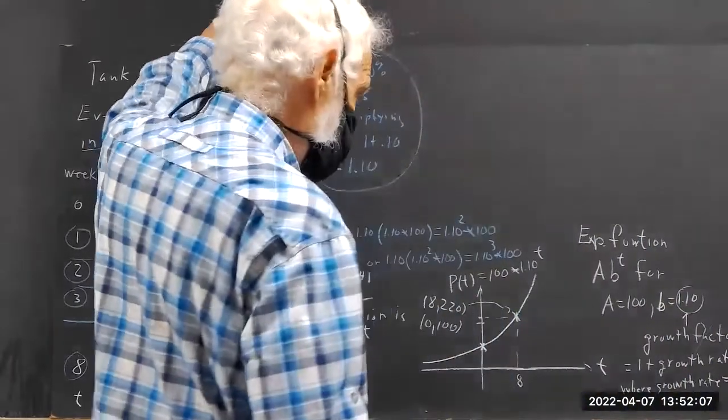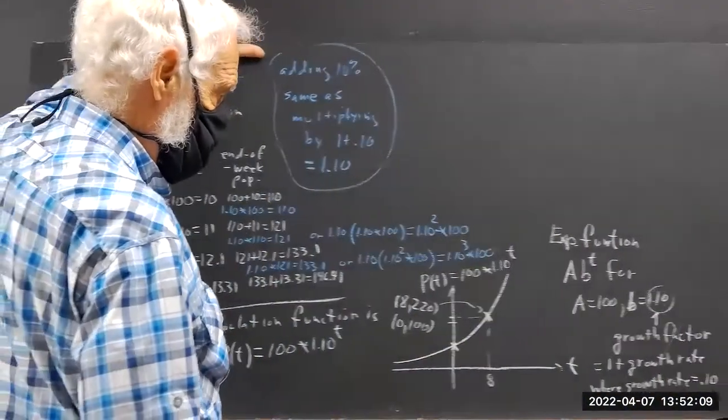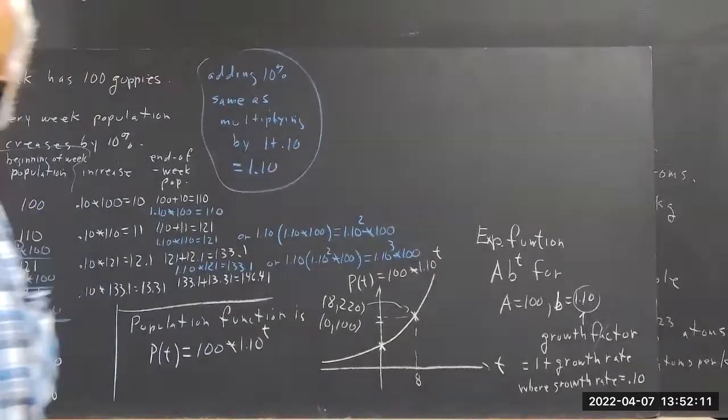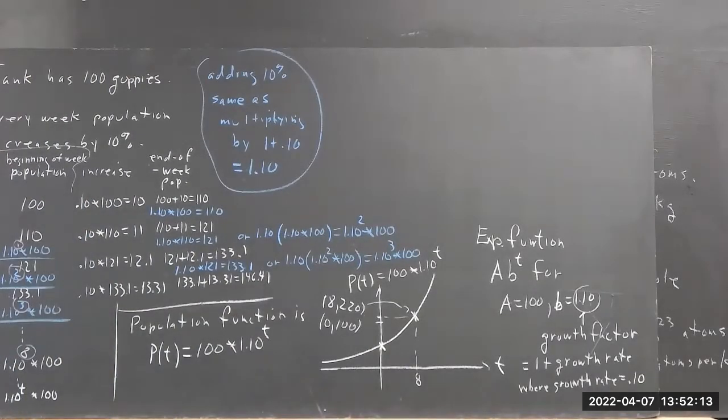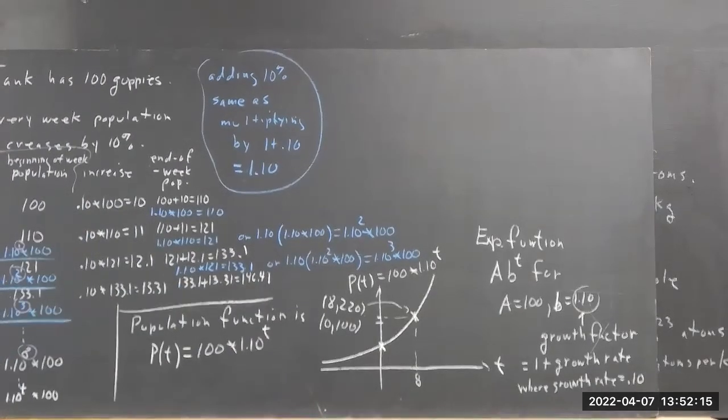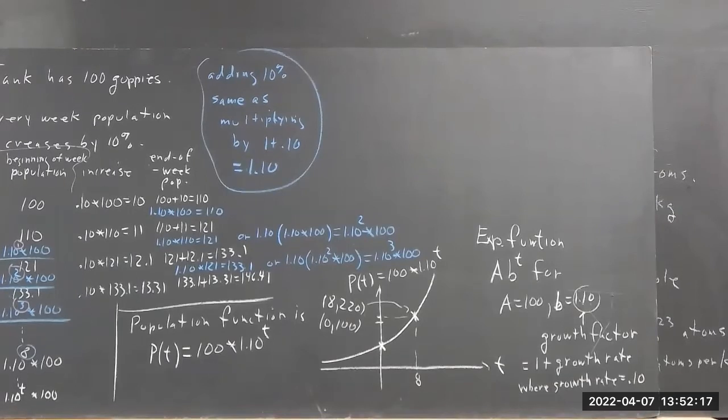So the growth rate is your 10%, which is the same as 0.10. I'm assuming that you understand percents well enough to understand what's going on here. We talked about that some in the MDE course, but percent means per 100. 10% means 10 per 100, which is 10 over 100, which is 0.10.